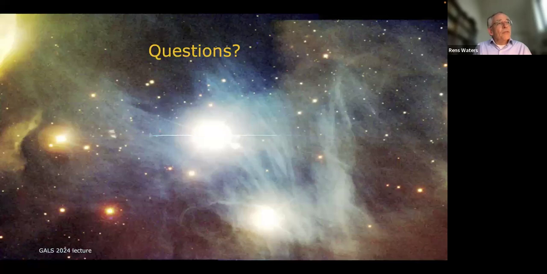The launch date of LISA, I think, is now around 2034, 2035. So that is still 10 or 11 years away. And it's a collaboration with NASA, and NASA is a very important partner in that.